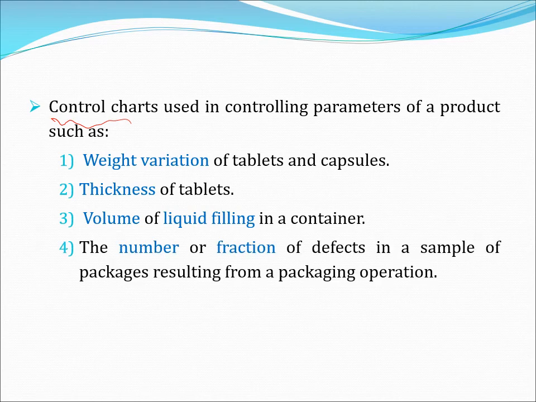And for the packaging step, we can detect the number or fraction of defective blisters or strips of tablets, for example blisters not filled with a tablet, mistakenly filled with 2 tablets, or not sealed well, and so on. So we have several quality control charts for several quality control tests.